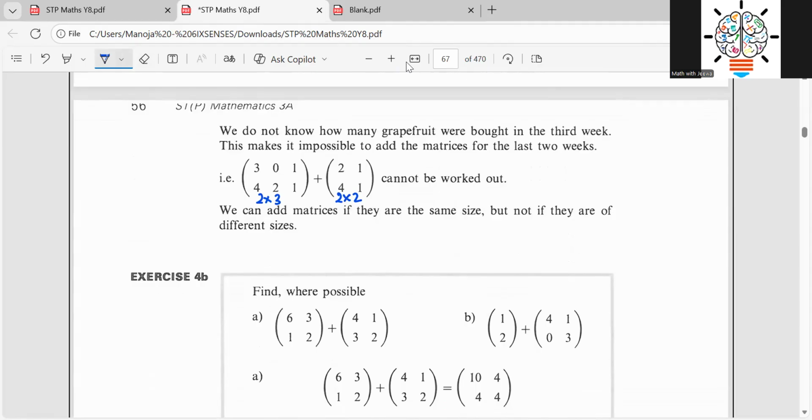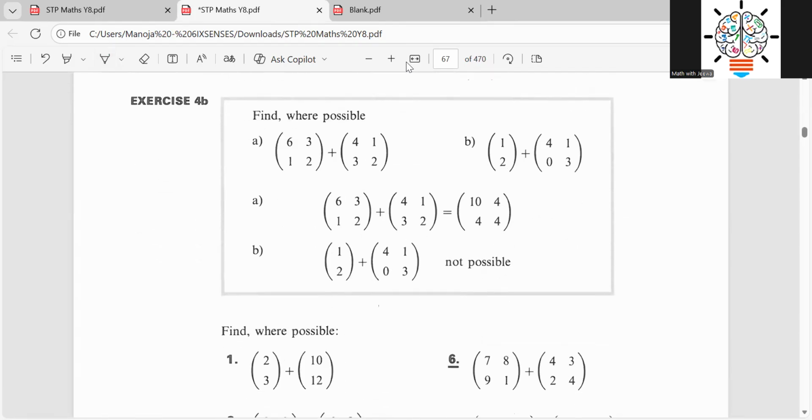So then how are we going to write the answer? You just write cannot be worked out. So then what is the rule we should have if we want to add matrices? They should be the same size. If not, we can't add them together. It cannot be worked out, right?